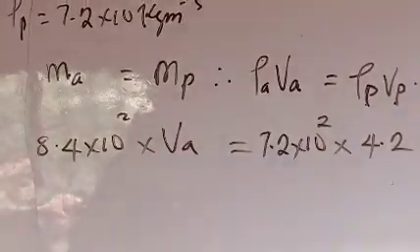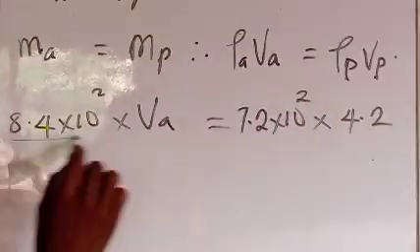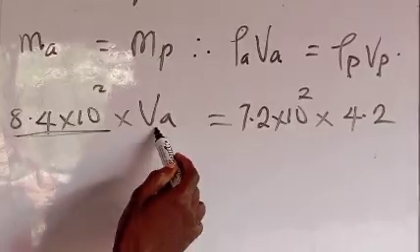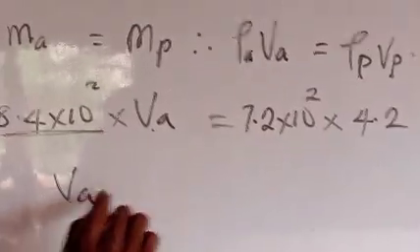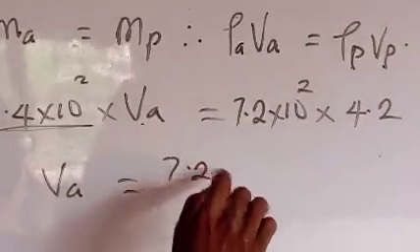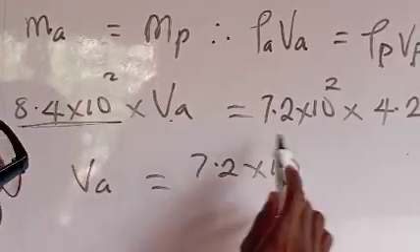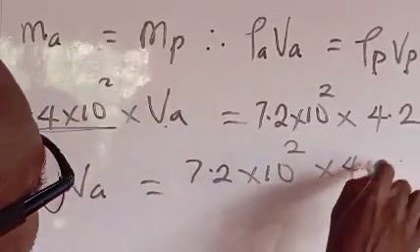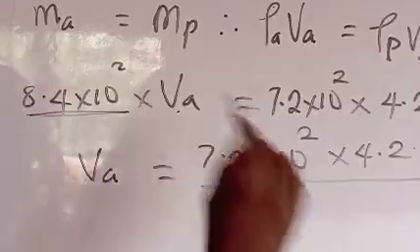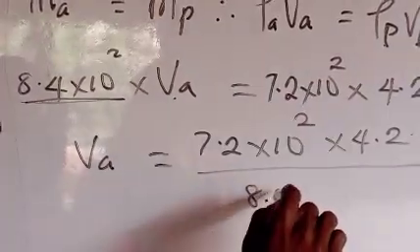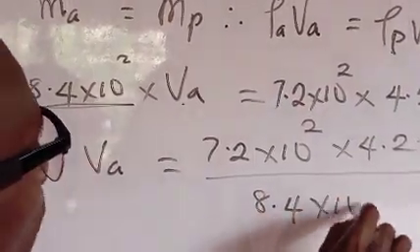So we divide both sides by 8.4 times 10 raised to the power 2 to make V the subject of the formula. The volume of alcohol is 7.2 times 10 raised to the power 2 times 4.2, divided by 8.4 times 10 raised to the power 2.